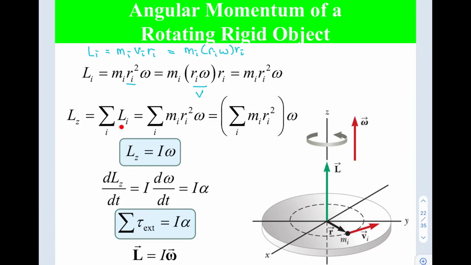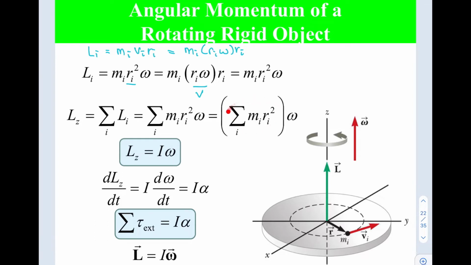Then L along the z-axis, the total angular momentum for each item within this object, is the sum of mi ri squared times omega. Since omega is constant for every single particle within this solid object, we can factor out omega.